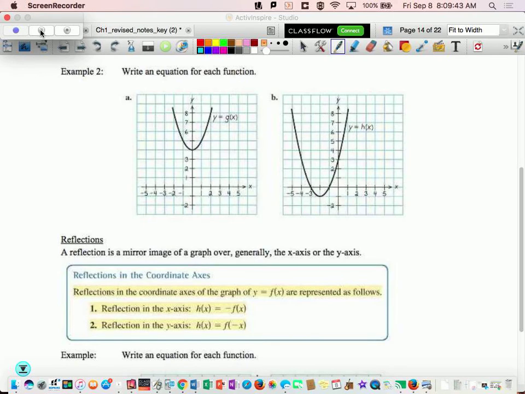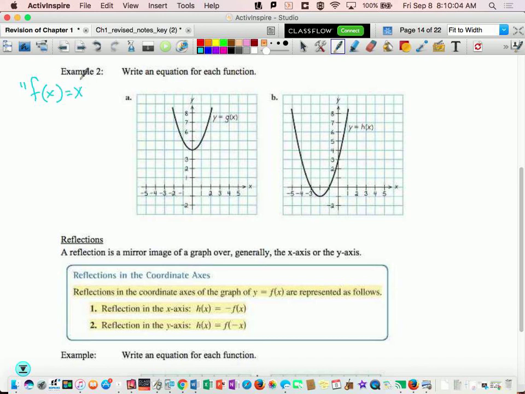Okay, so sometimes we may have to work it backwards. Both of these graphs are, what type of graph? How would you describe them? Parabola. They have the U shape. So we should know that it's some sort of x squared graph.